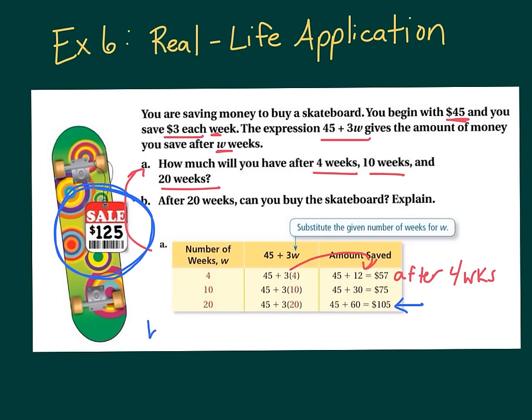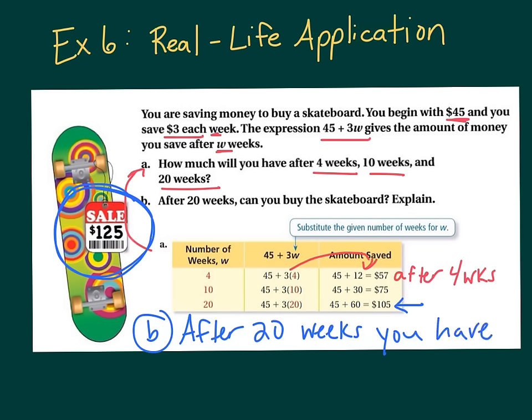So for the answer to letter B, we would have to say after 20 weeks, you have $105 saved. So no, you couldn't buy the skateboard, or you don't have enough to pay the $125. So you could just finish writing that one out.